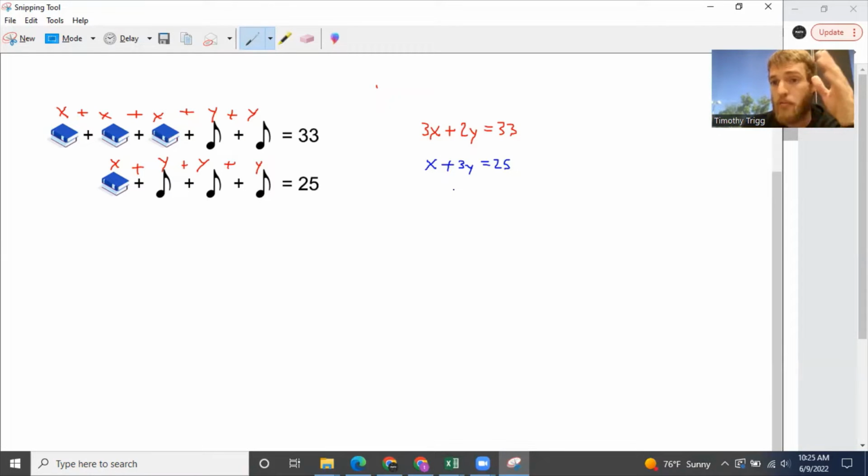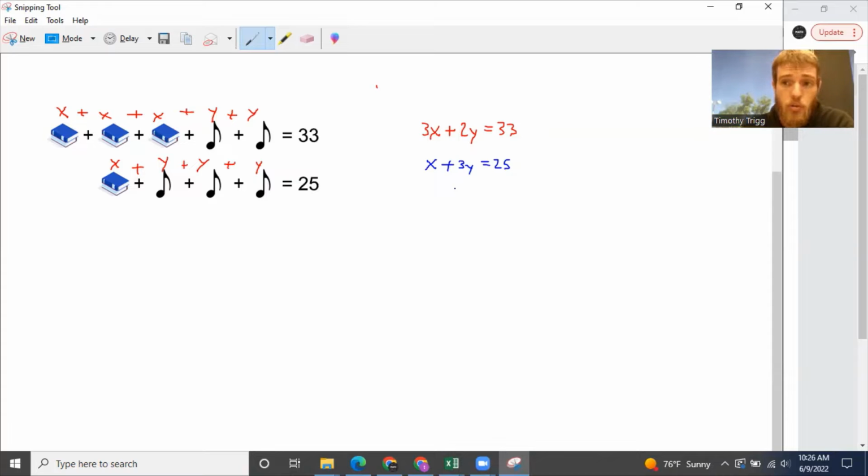Remember, they both said y equals. So we had a variable by itself, right? We had y all by itself in the previous example. Well, in this example, we don't have a variable all by itself. We don't have something that says x equals or y equals.